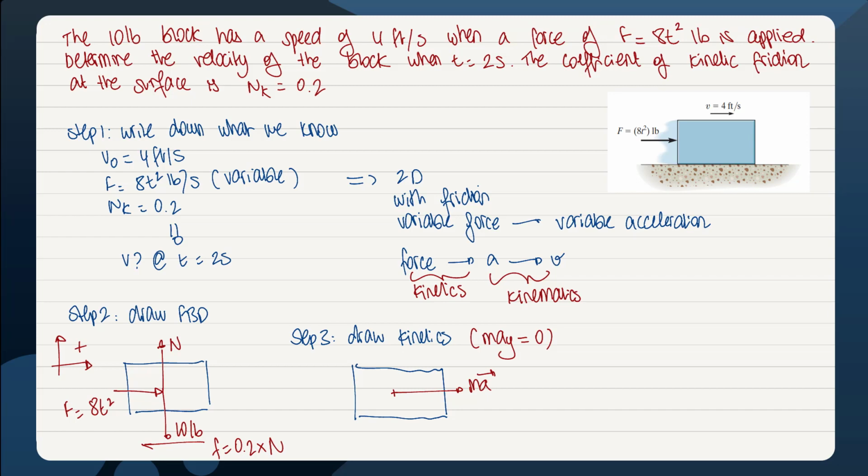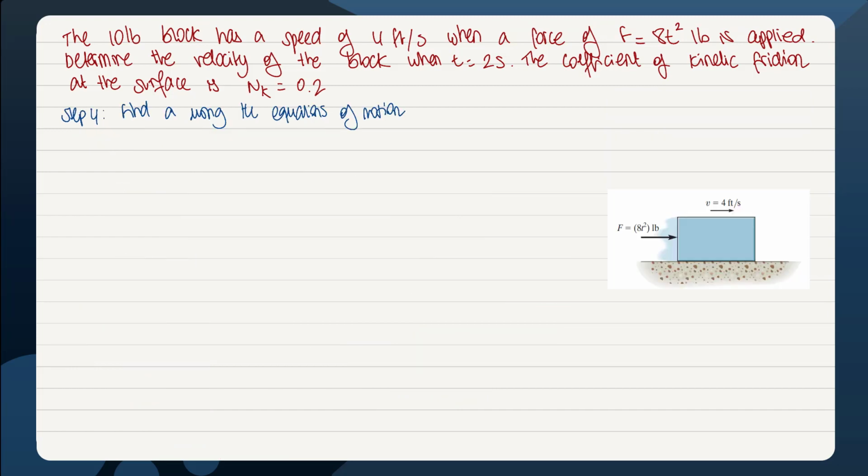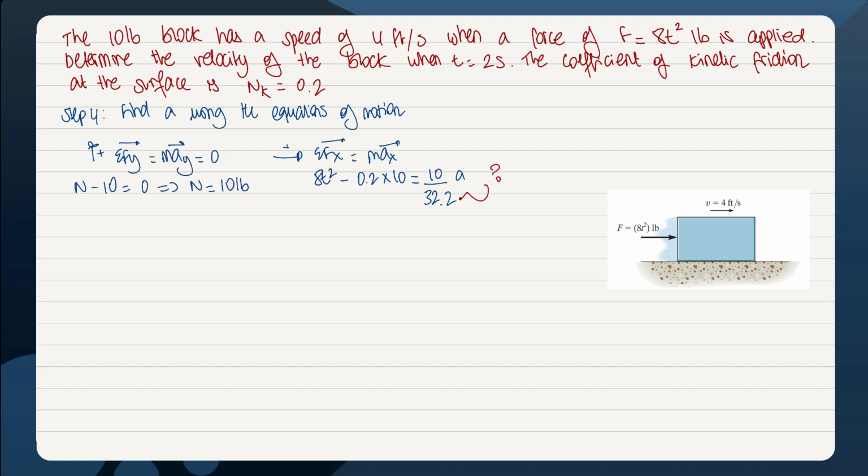We know that we need to start from the kinetics based on what we have concluded from step 1. So we can find a using the equations of motion or the kinetics. So writing down the two equations of motion, since we're dealing with the 2D space, sigma Fy is equal to m a_y is equal to 0, gives us N minus 10 is equal to 0, and so N is equal to 10 pounds.